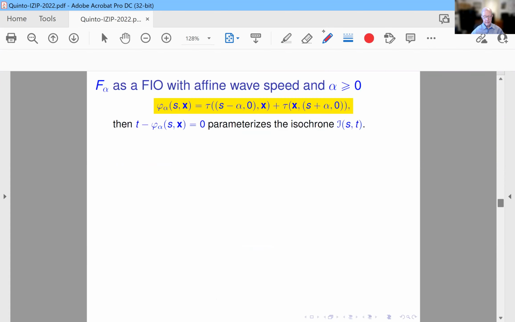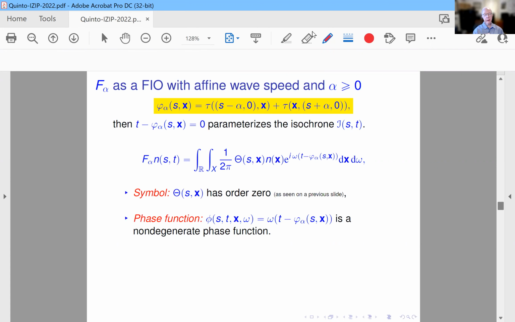Okay, good. Now, we're going to define phi alpha as just the travel time from the source to x plus the travel time from x to the detector. Again, we're talking about general travel time. Then this parameterizes the isochrone as we saw before. And we saw pictures on the last slide.